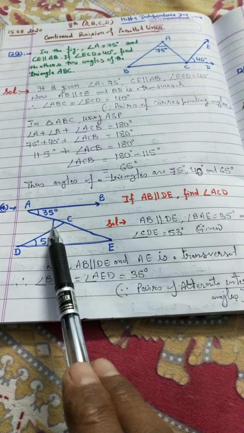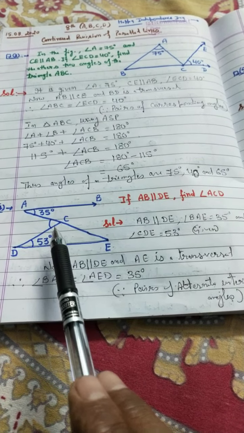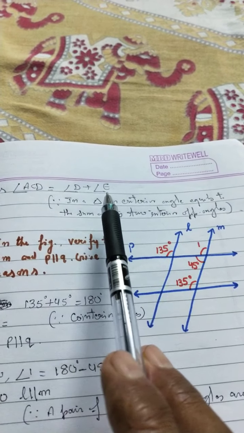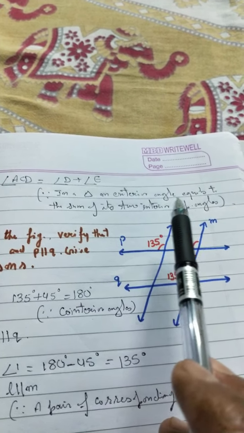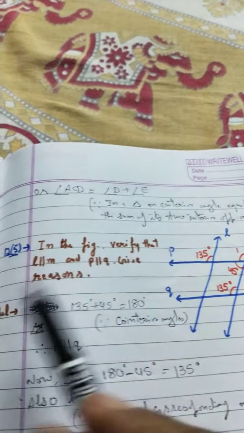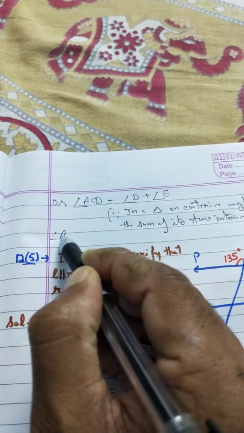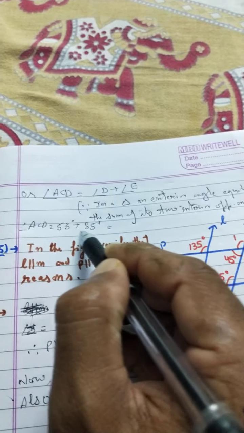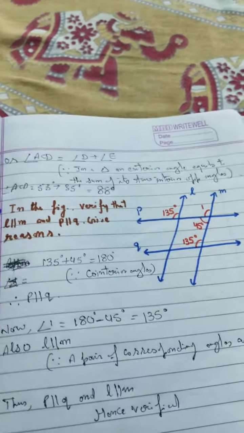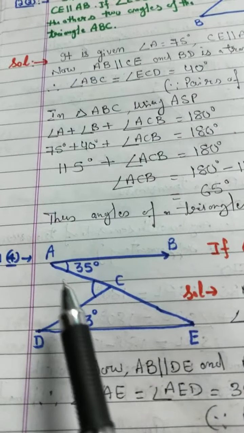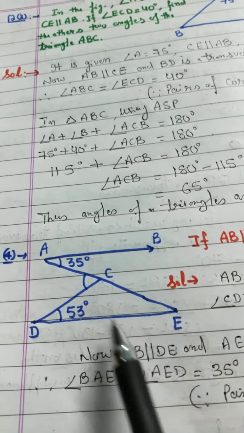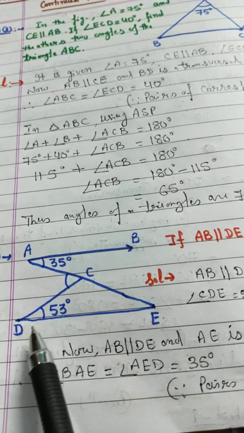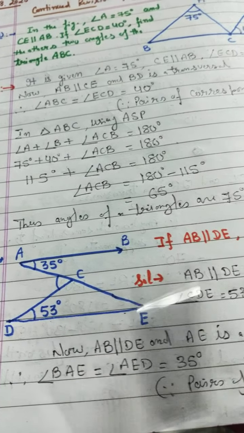So in a triangle, an exterior angle is equal to the sum of its two interior opposite angles, that is, angle D plus angle E. So angle ACD is equal to angle D plus angle E. Angle ACD is equal to 53 plus 35, which is 88 degrees. Find angle ACD: in triangle CDE, angle ACD is known as the exterior angle of the triangle, and it is equal to the sum of its two interior opposite angles D plus E. 53 plus 35 is 88 degrees.